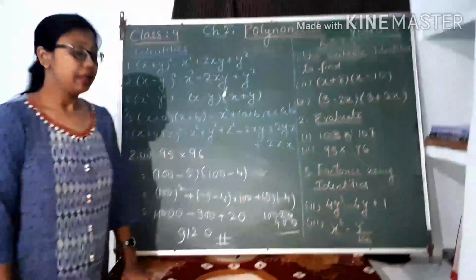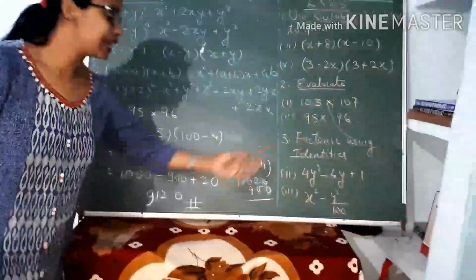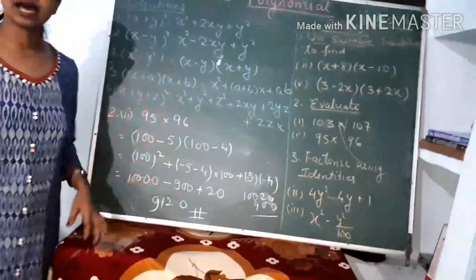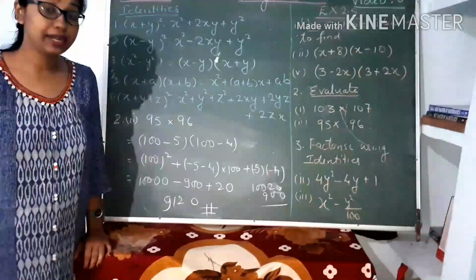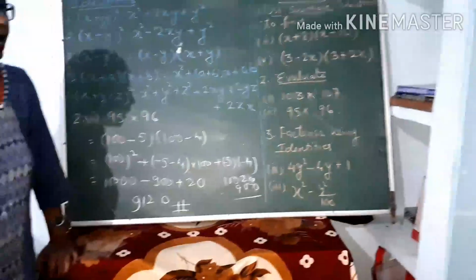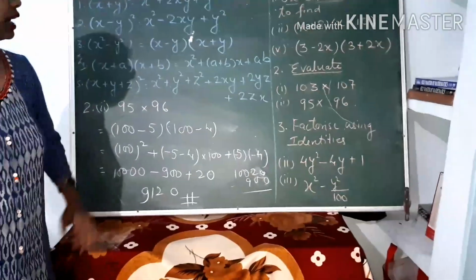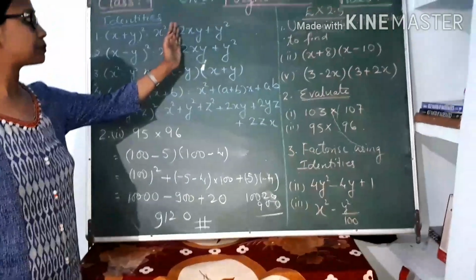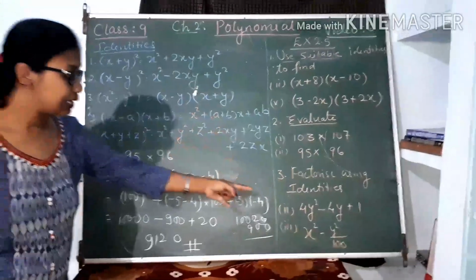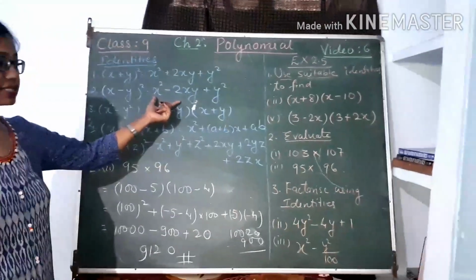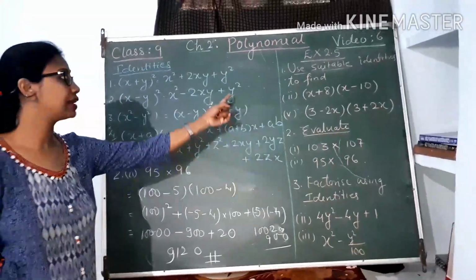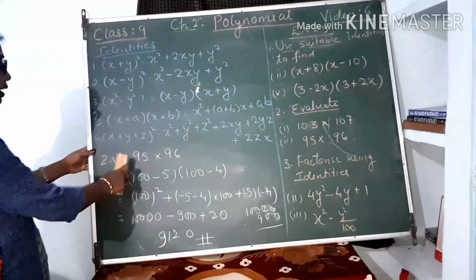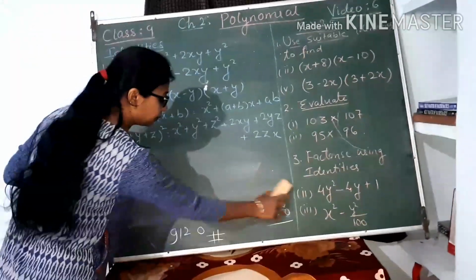Now the question, we can factorize also by using these identities. Question number 3: factorize using identities 4y square minus 4y plus 1. If you go to the expanded form, is the first term the same as something in square? 1 also we can write down as 1 square, and check for the middle term.